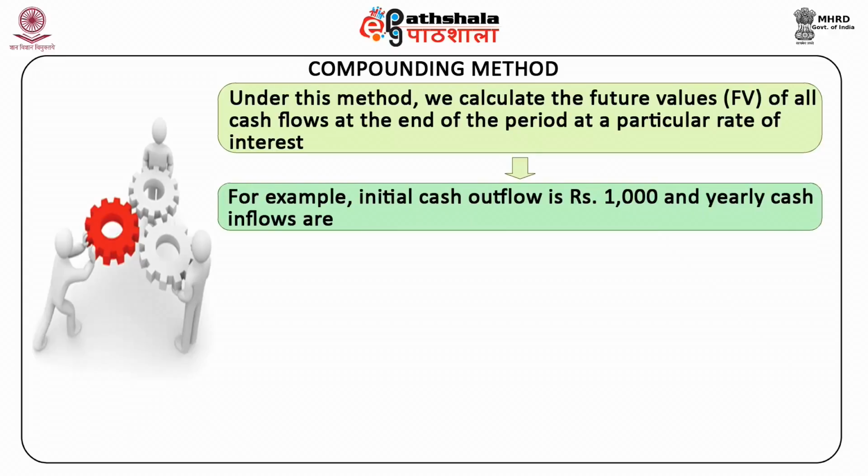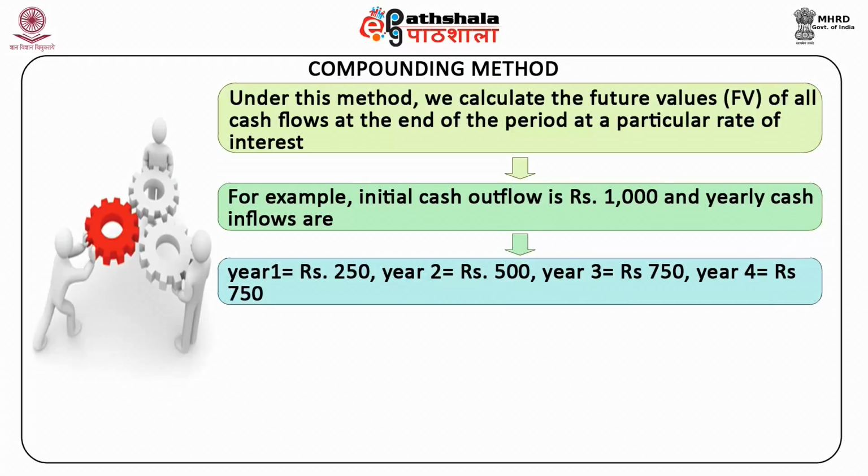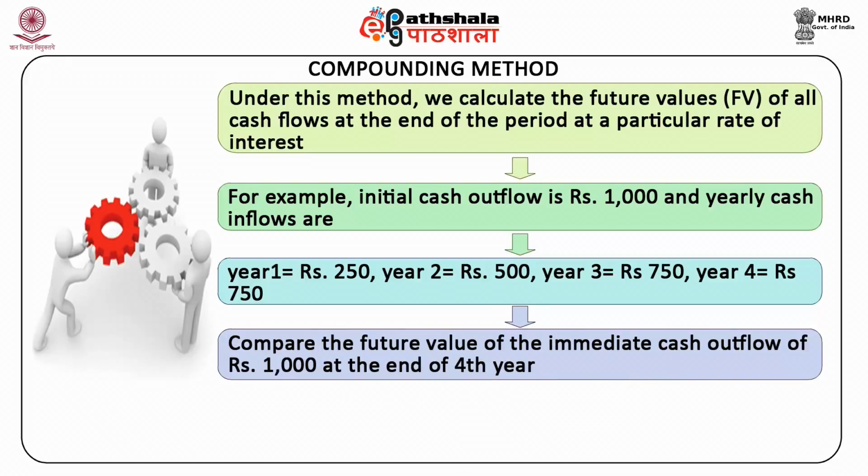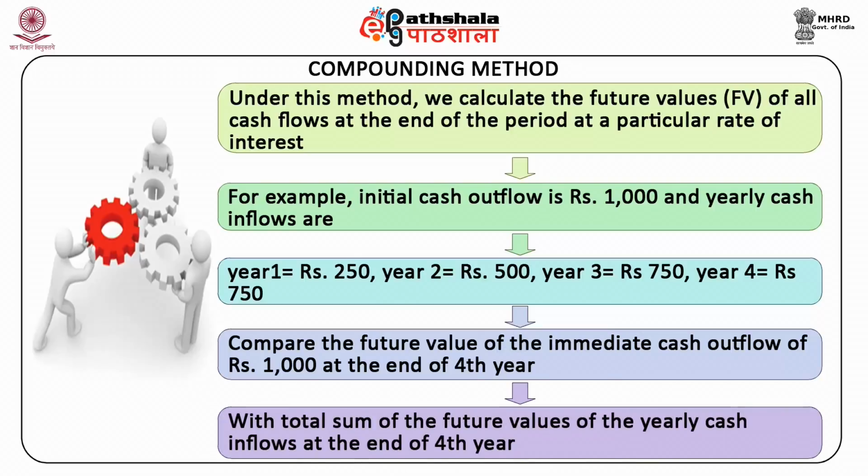For example, initial cash outflow is rupees 1,000 and yearly cash inflows in the year 1 250, year 2 500, year 3 750, year 4 750. Now compare the future value of the immediate cash outlay of 1,000 rupees at the end of fourth year with the total sum of the future values of the yearly cash inflows at the end of fourth year.